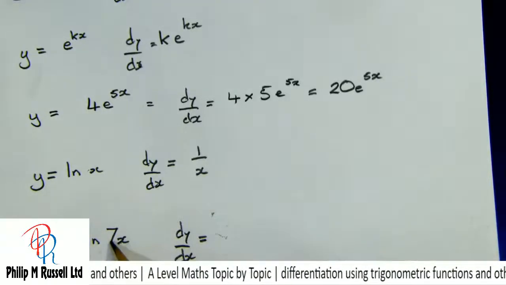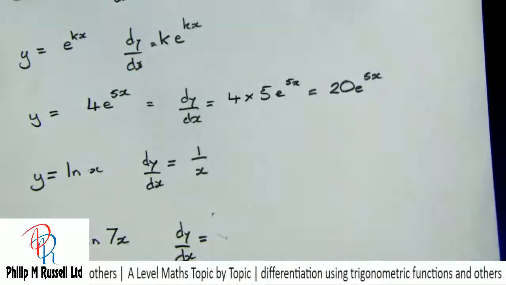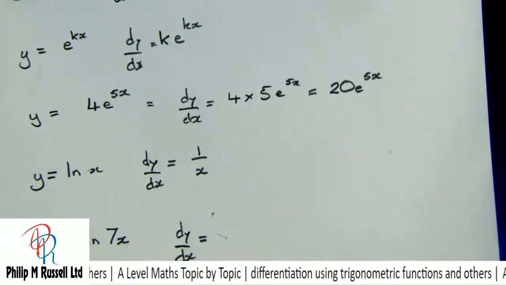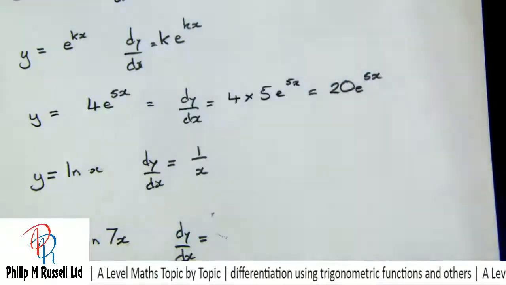If it was ln of x, it's really very simple, it's just going to be 1 over x.